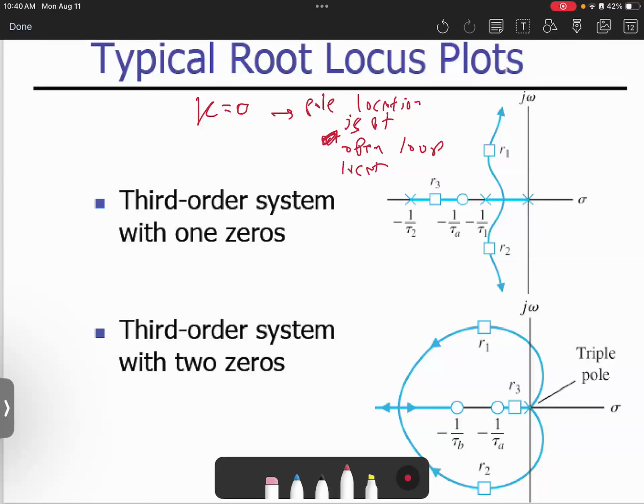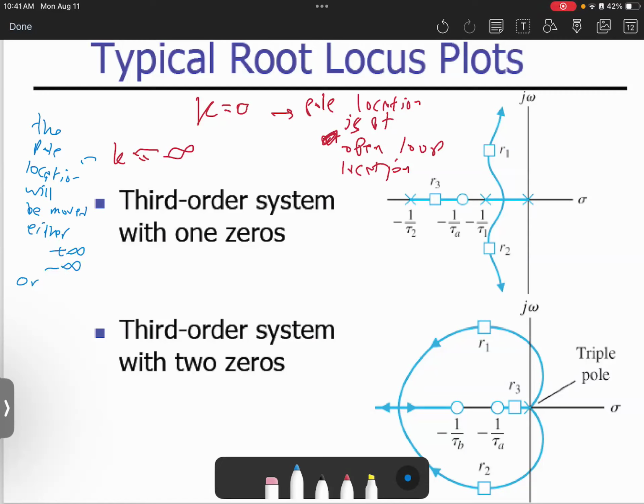While if k equals infinity, the pole location will be moved to either positive infinity, negative infinity, or a zero. So the pole can reach a zero at infinity as well.